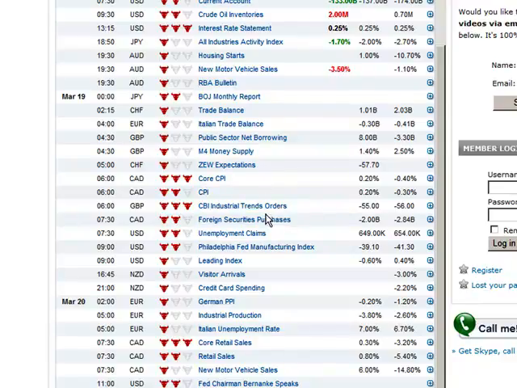CBI industrial trend orders in the pound. The CBI stands for Confederation of British Industry. Basically what they're doing is putting out domestic industrial production orders, and good, positive numbers basically mean that they're starting to actually produce again. As you can see, we've had some negative numbers here, which indicates that the economy is slowing or shrinking.